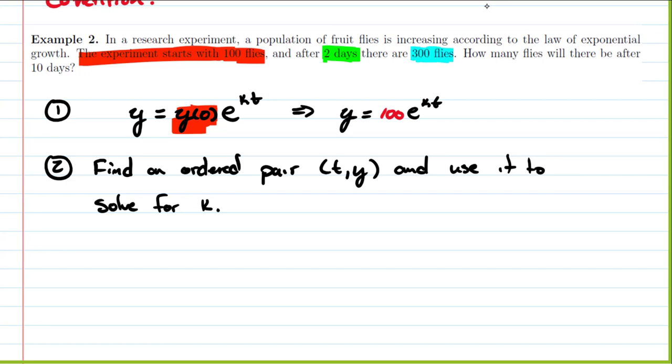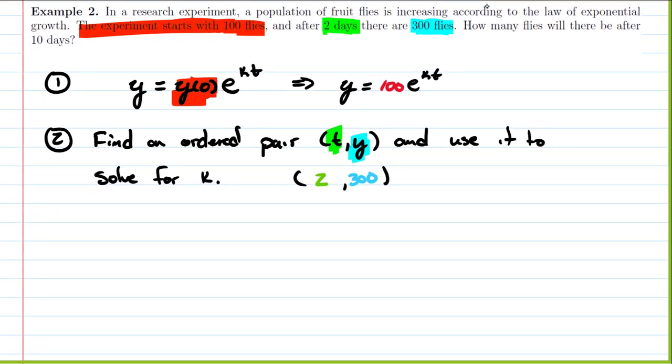So we get the ordered pair, our t and our y: after 2 days we have 300 flies. So our y is 300 and our t is 2. So we're going to put these values into our equation for t and y.